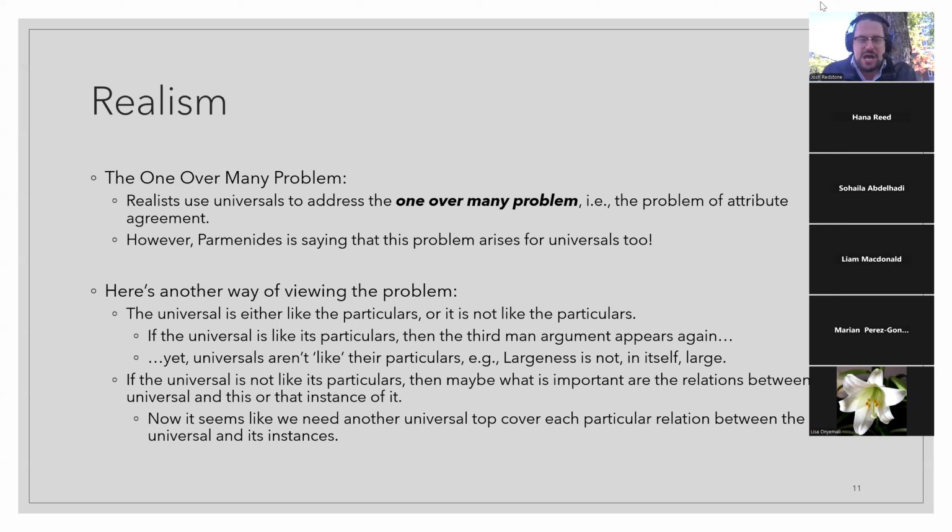If the universal is not like its particulars, then what's important is maybe not the resemblance the particulars bear toward the universal, but the relations between the universal and this instance of it and that instance of it. So now it seems like we still need another concept to cover each particular relation between the universal and its instances. So again, another kind of worry about a sort of infinite regress.